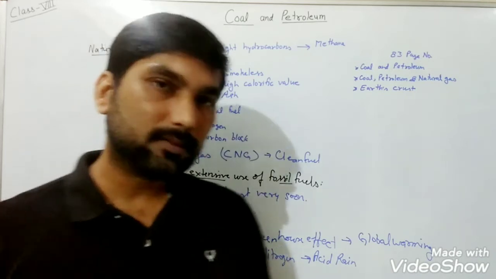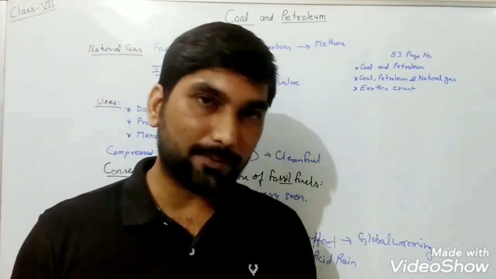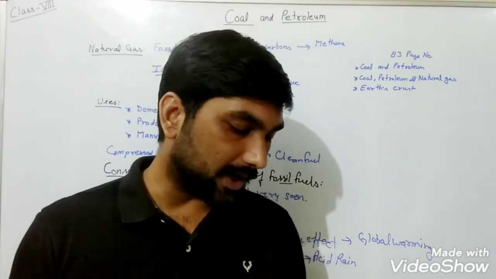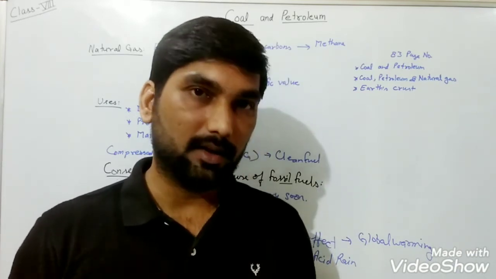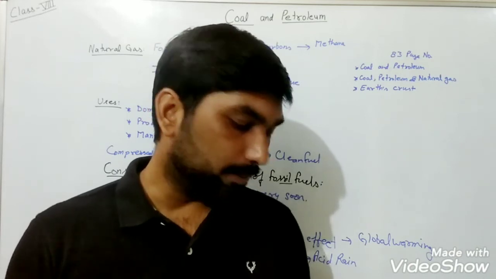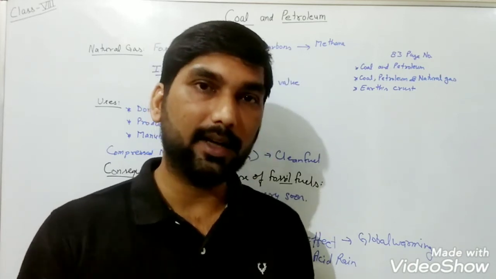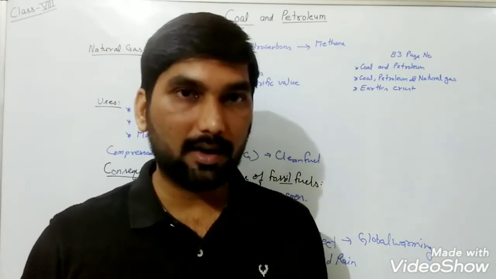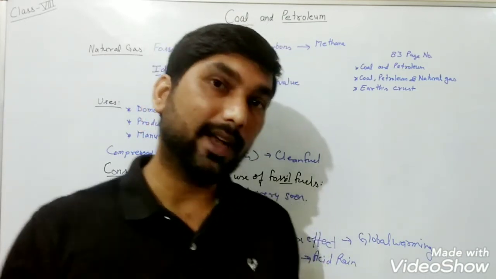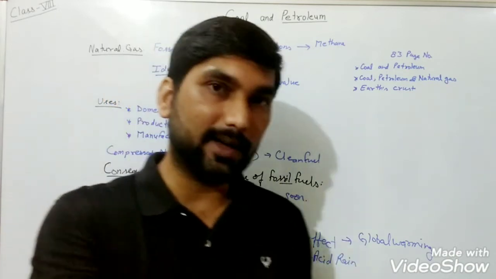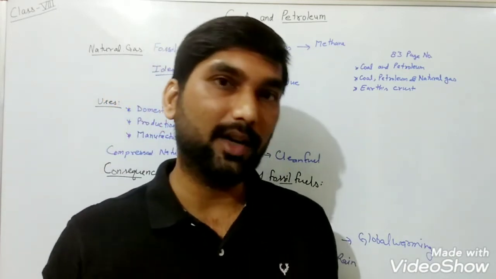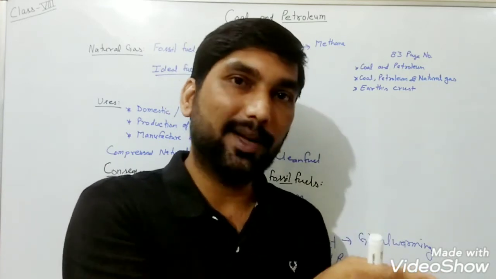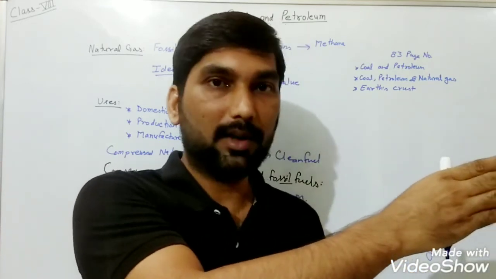Now number 4, which one of the following types of coal has the lowest percentage of carbon in it? And the options are given what? Bituminous, anthracite and lignite. So you are having a knowledge when we are arranging them in the ascending order of carbon content, then the first position will be occupied by peat, then second lignite, third bituminous, and finally what will come?